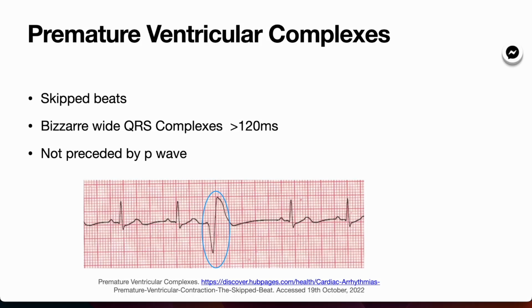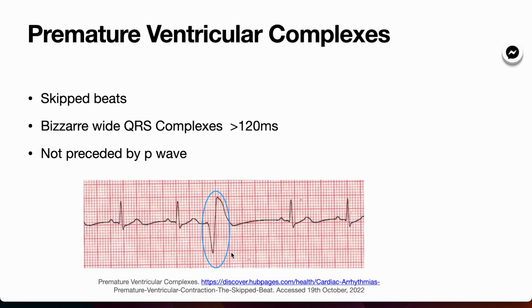Okay, so let's now move to another abnormality, which is a premature ventricular complex. These are what we call skip beats, and these are bizarrely wide QRS complexes of more than 120 milliseconds, and they're not usually preceded by a P wave. As you can see in this tracing, we have a normal beat here, composed of the P, QRS, and T, and another normal beat here, followed by an abnormal beat.